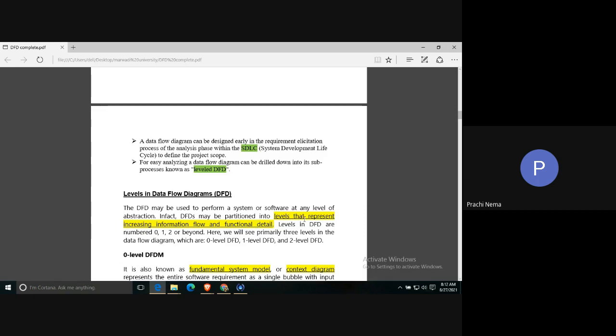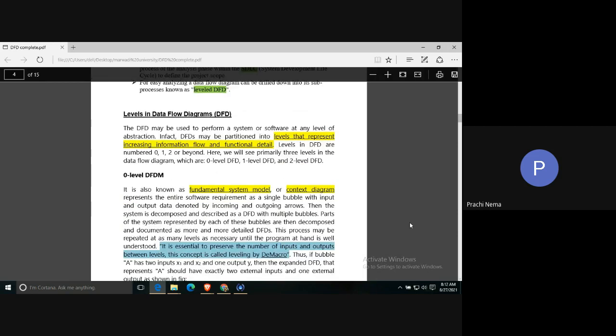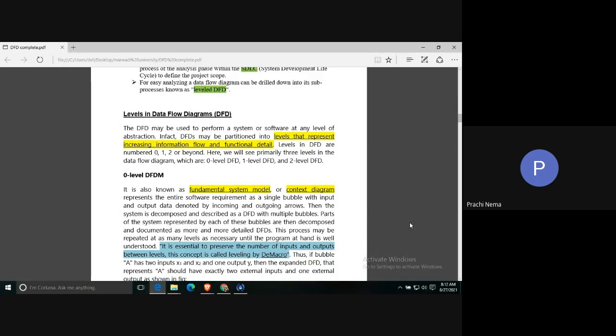Okay. Let us start with our first level DFD, that is 0. First will not be 1 level, it will be 0 level DFD. Another name for 0 level DFD is context diagram or fundamental system model.